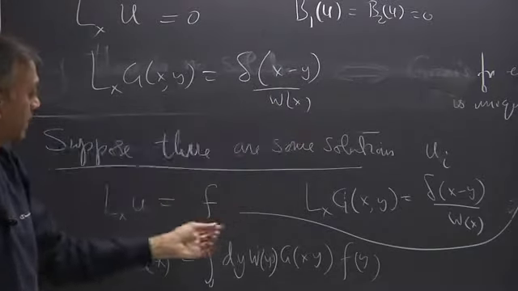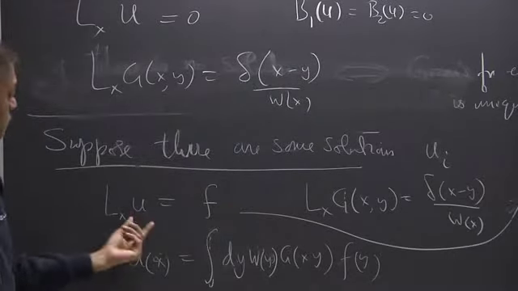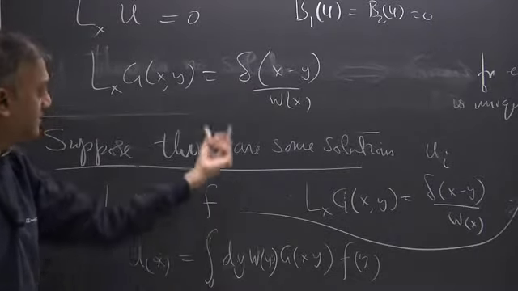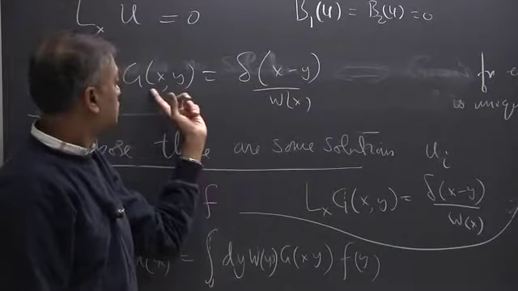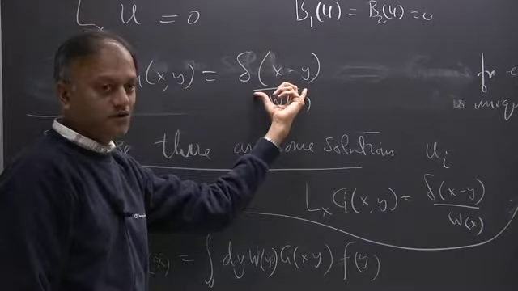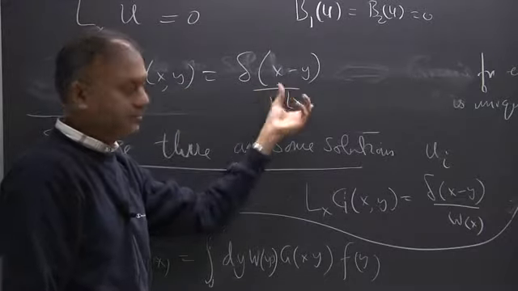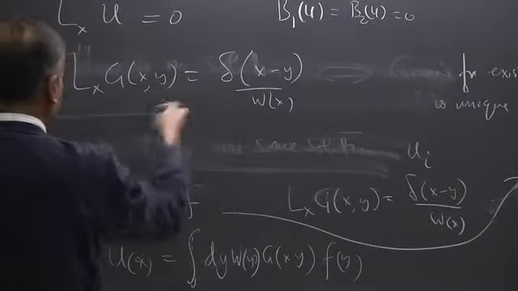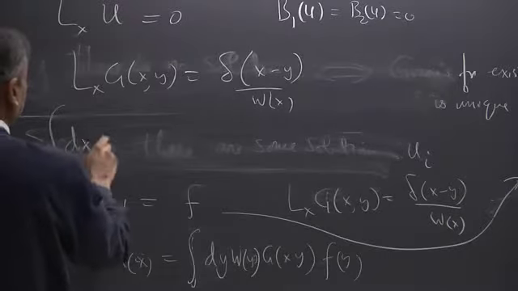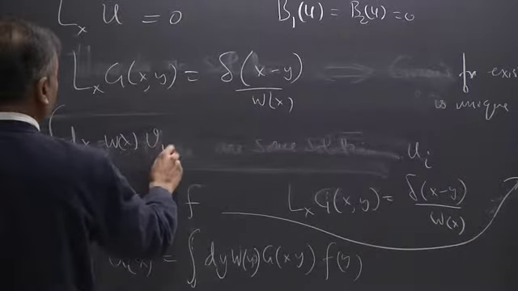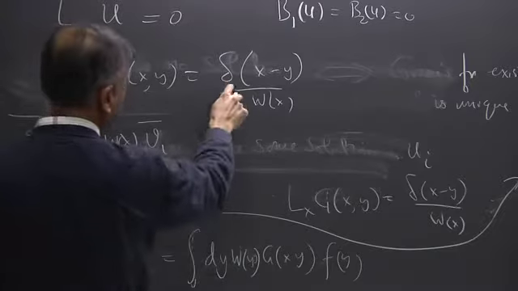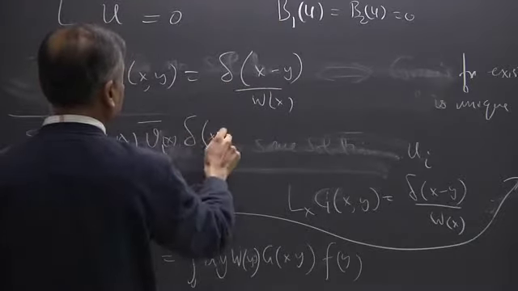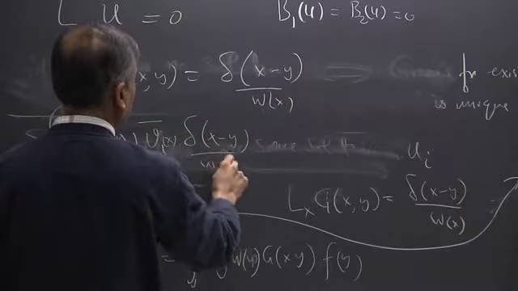But we have already seen that a solution can exist only if this f is orthogonal to vi. So this solution could exist only if this was orthogonal to vi, right? But let us check what we get if we take this object and integrate dx w(x) vi bar times f, where f is now this one: delta(x minus y) divided by w(x).